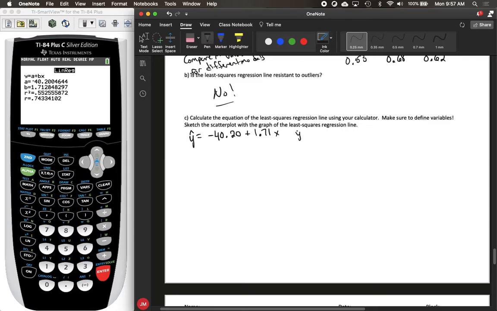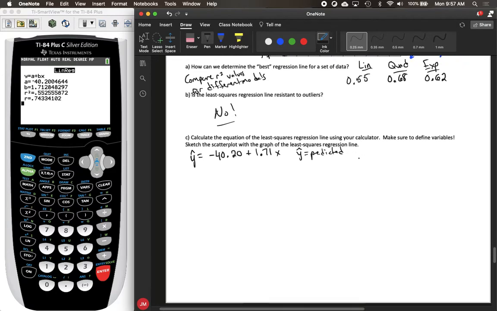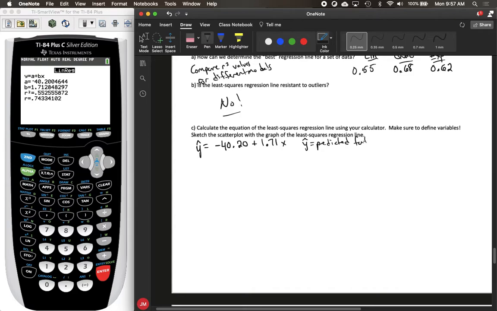We can just write out that y hat is the predicted amount of fat in this case, the predicted fat, and x is the number of carbs in grams. Or you could just write those into your equation as fat hat is equal to negative 40.20 plus 1.71 multiplied by carbs.